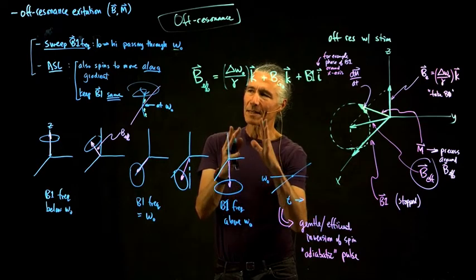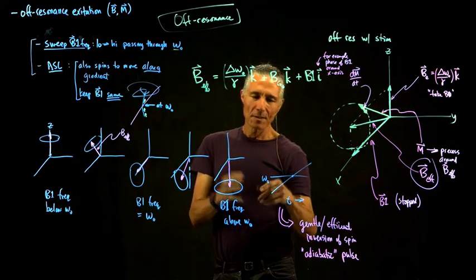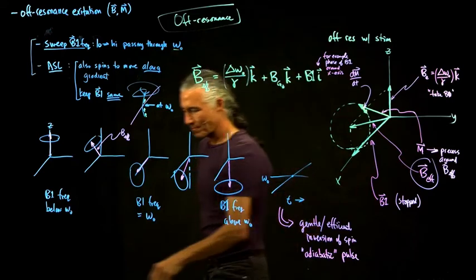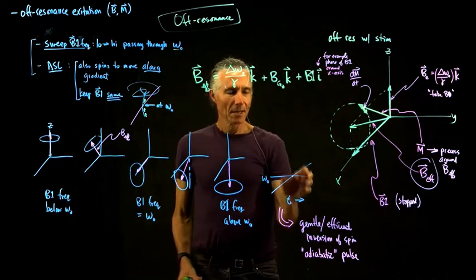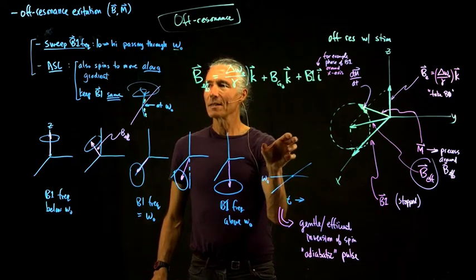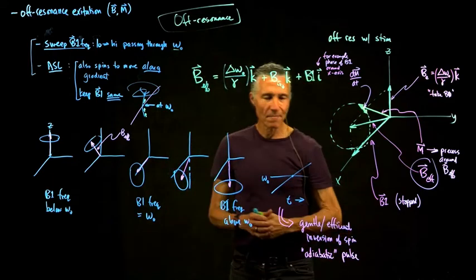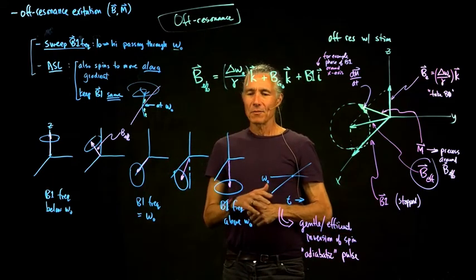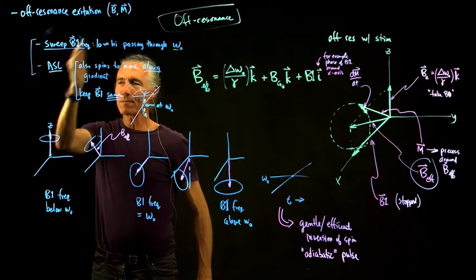You make a sinc and then slowly change the offset of the sinc. You don't change the width of the sinc, you change the offset of the sinc. That explains why you can just sweep the frequency and do it.